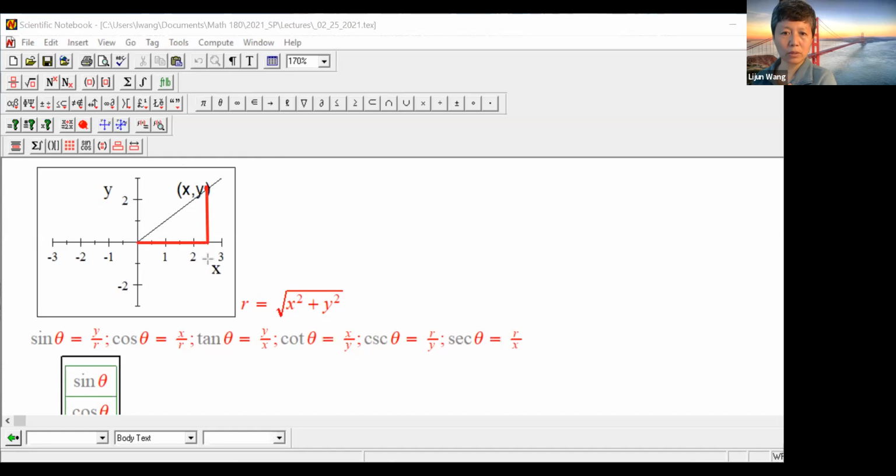This is the right triangle, isn't it? So the hypotenuse is r. The question Jack posted there is, is r always the square root of x squared plus y squared? Of course, it's in the definition.